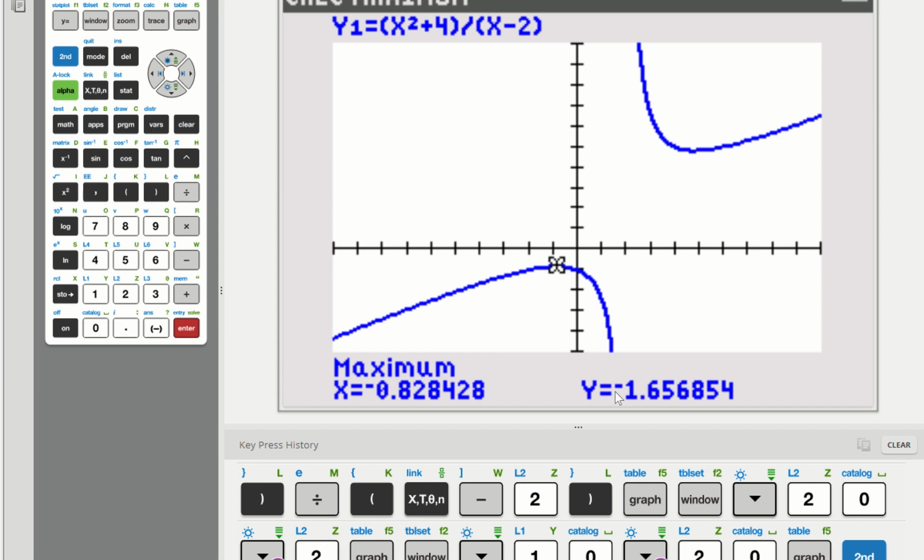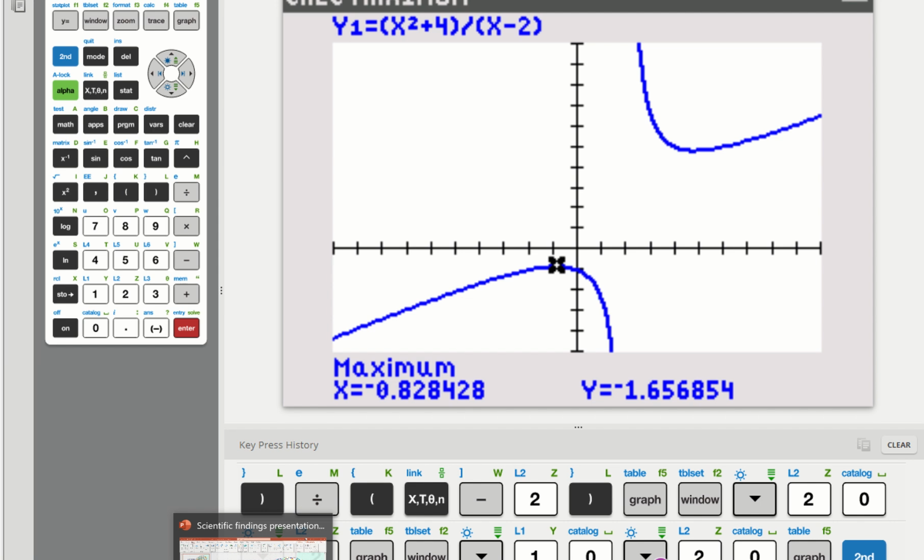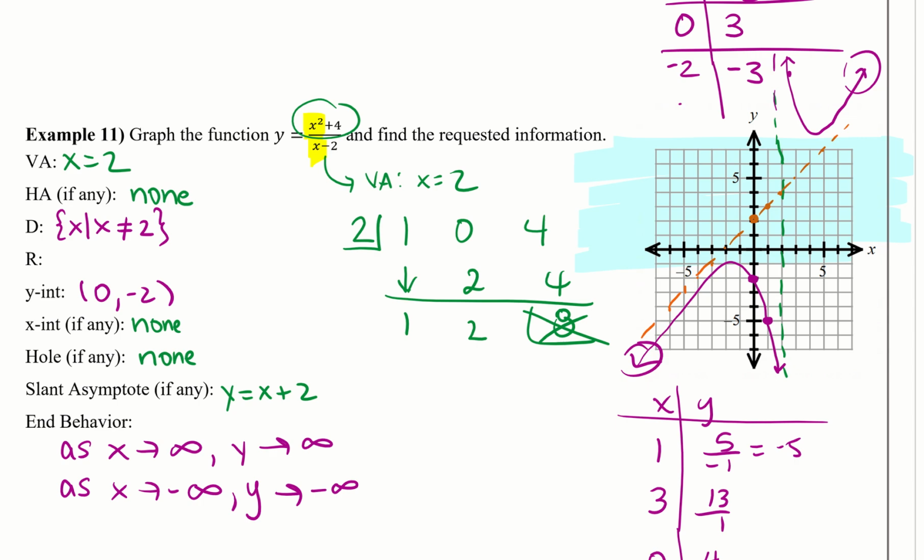Looks like at negative 1.657. So negative 0.8 and negative like 1.7, I'll call it that. That's where this is. Okay, that's about where that is. It's actually a little bit off from where I thought, but not totally off.